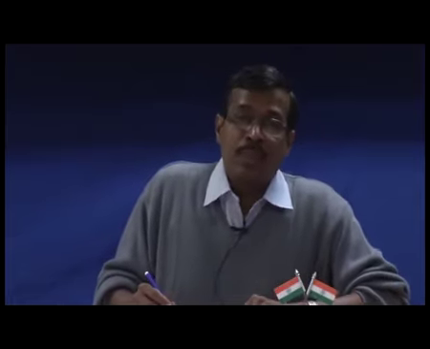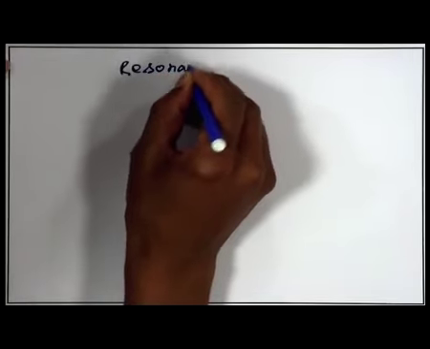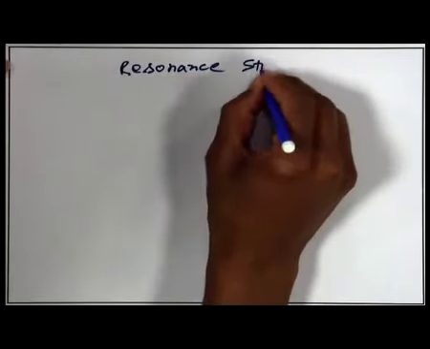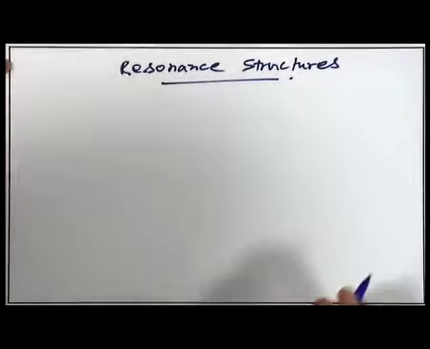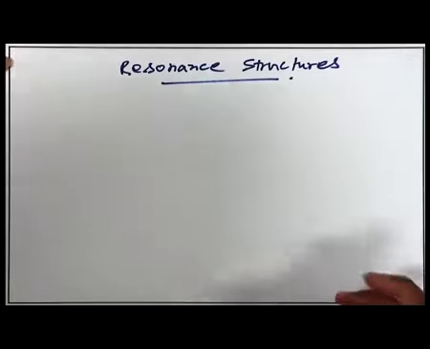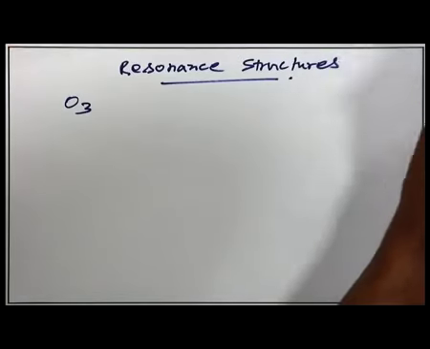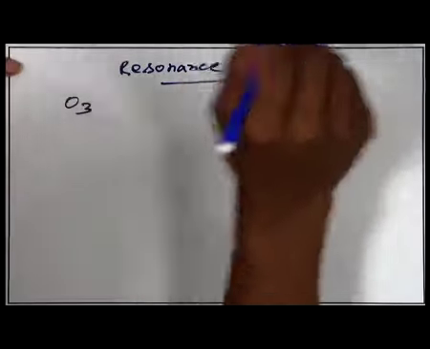One of the concepts is resonance structures. What are resonance structures? If you take a molecule, for example ozone, O3, it is an allotrope of O2.